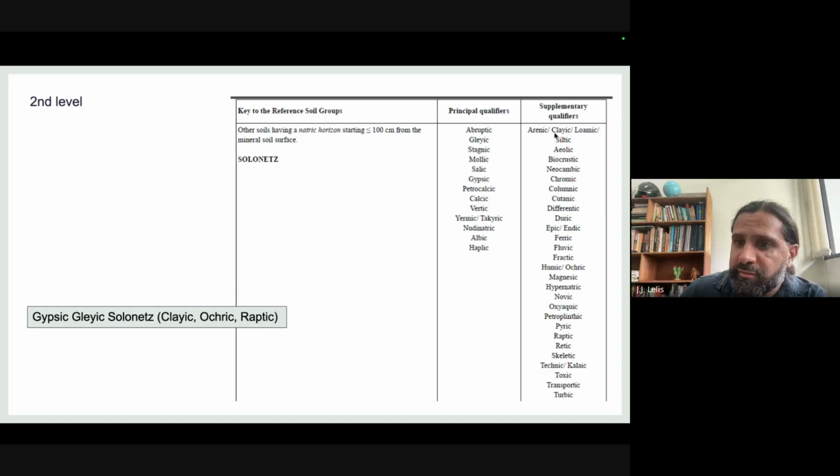So we start, as I said, in the majority of cases with qualifiers related to the texture, and then we go to other qualifiers, and we just need to add them here following the specific list and add a comma between them. So let's say that this solonetz has a clayic texture.